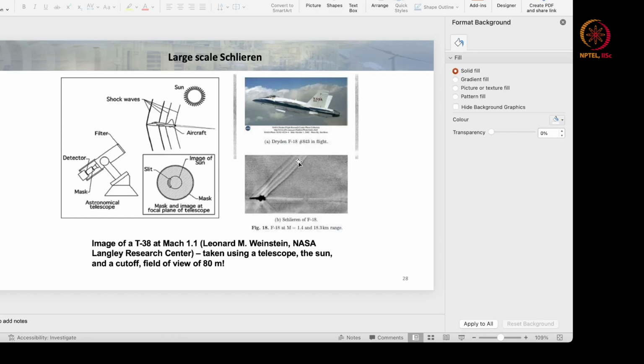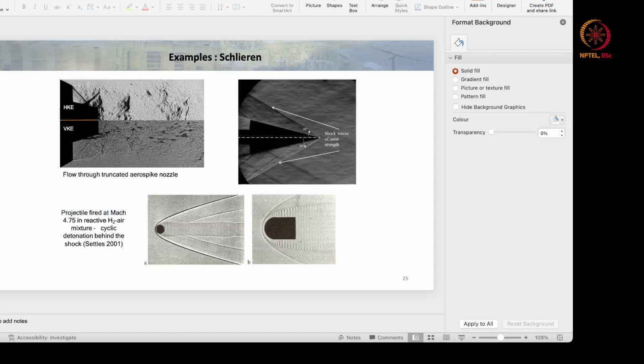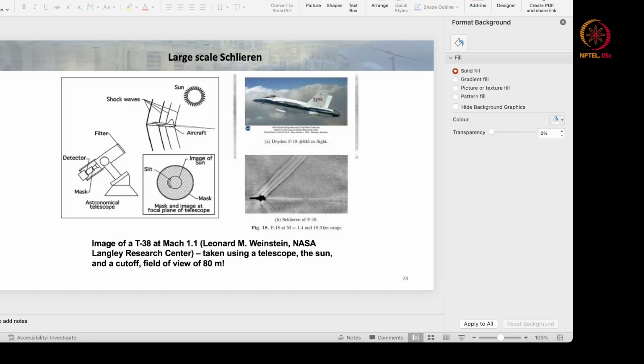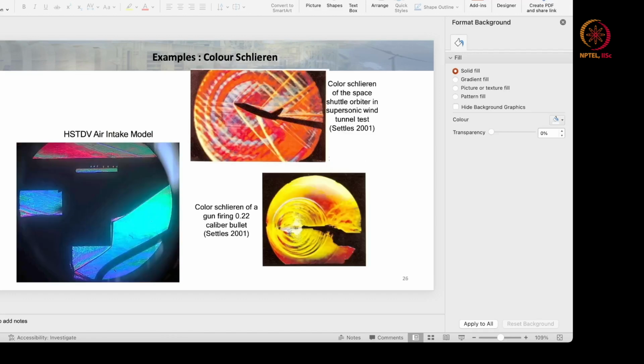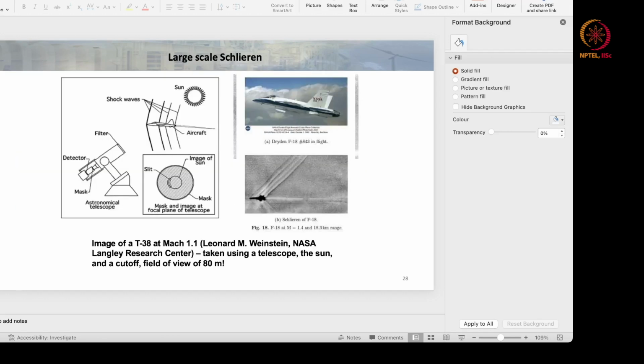So these are very large scales, 80 meters, down to scales which are like this, that you can resolve using Schlieren: large scale, medium scale, and also somewhere in the middle. These are the medium scale Schlieren that you can do, and you can even do colored Schlieren, which can give you different aspects of the measurement.